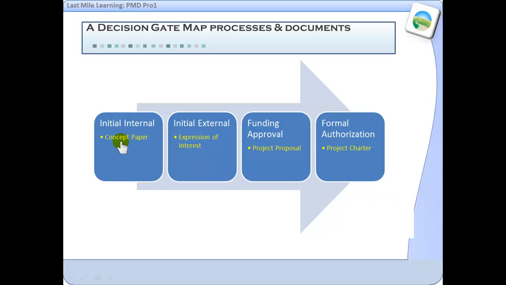In the guide, you'll see an example of decision gates in the setup phase. There are decision gates, remember, in all of the phases. And they mention 4 gates: initial internal, which is often, at least in the case study that we used in the book, a concept paper; the initial external, which is the expression of interest; funding approval, which is the project proposal; and then formal authorization, which is what's called a project charter.